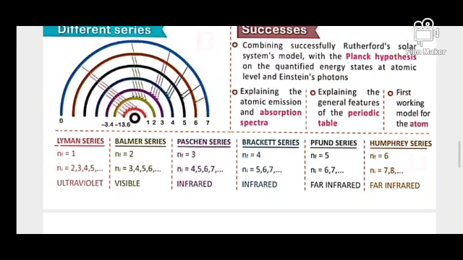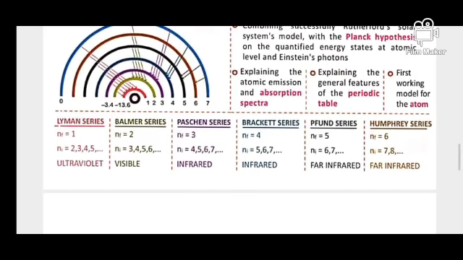The first series is the Lyman series, then Balmer, Paschen, Brackett, Pfund, and Humphreys. So basically there are six series. In higher classes we will learn about more series, but this is for your class 11 and 12, and this is sufficient.